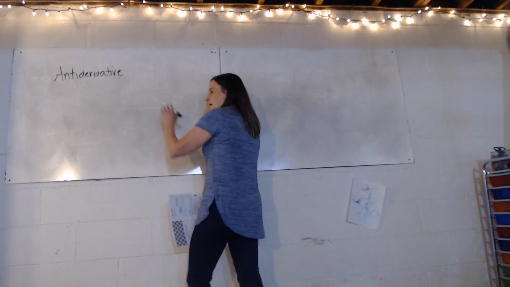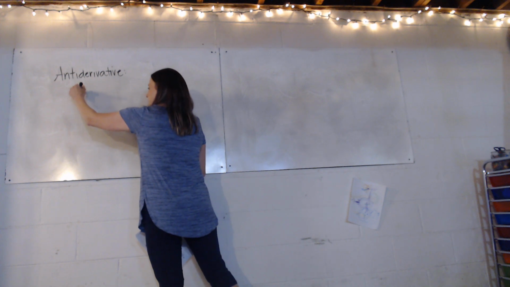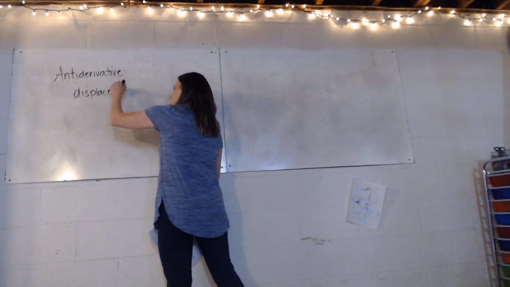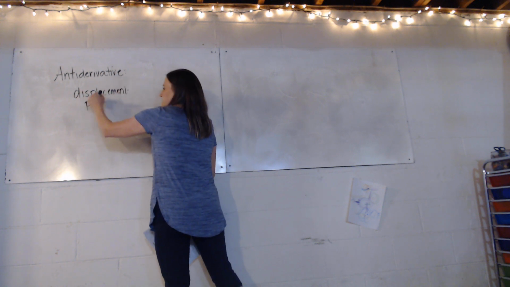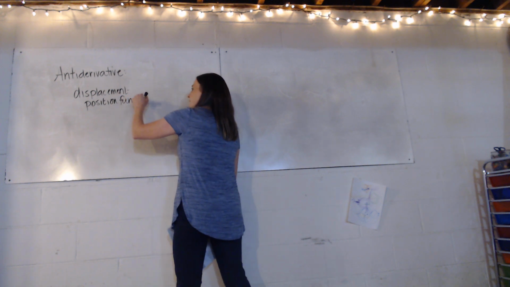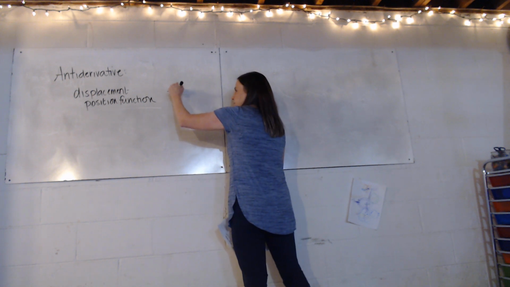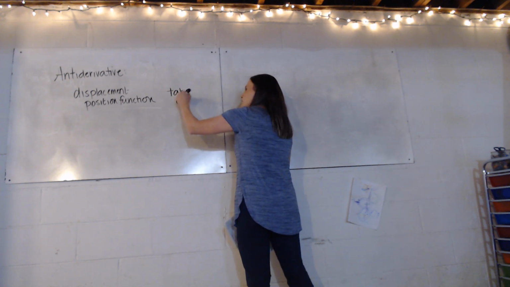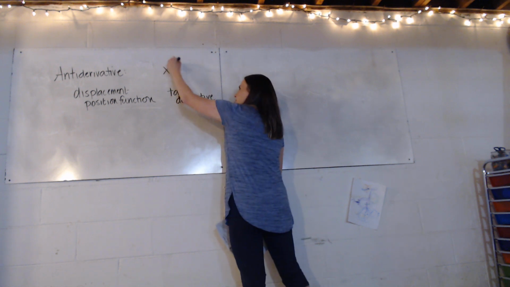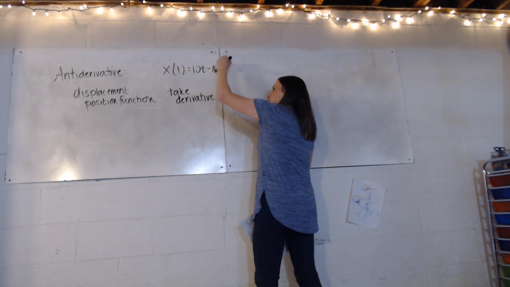So when I had my previous example, I had a function for displacement, right, for position, I should say. So I had a position function, whatever you want to call it. And I took the derivative of that. So this is where I have my little function x of t is equal to 10t minus 16t squared.